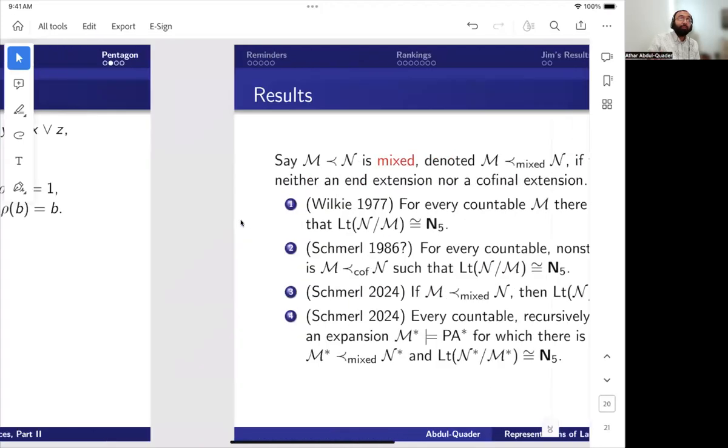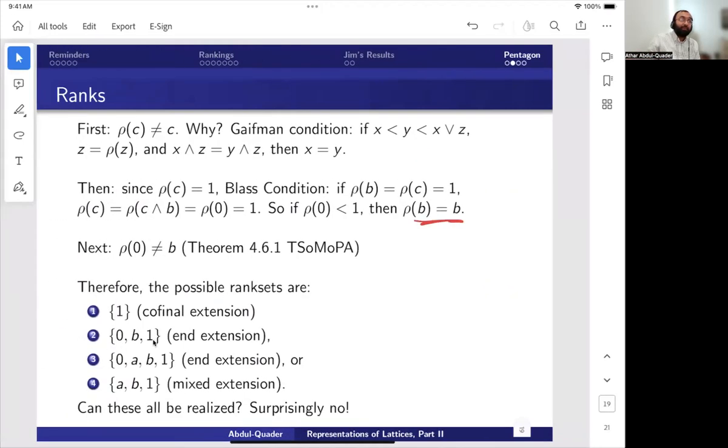And if I remember correctly, it was this version, this ranking, where A was cofinal and B.